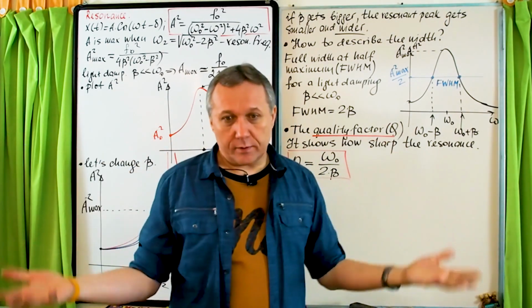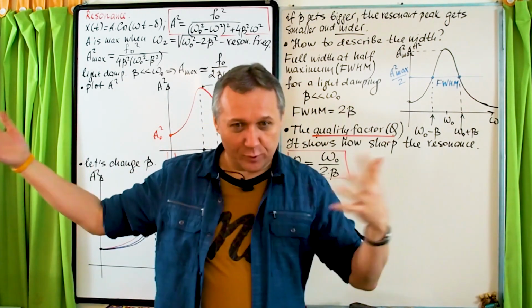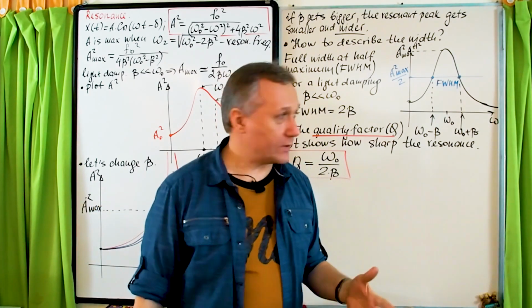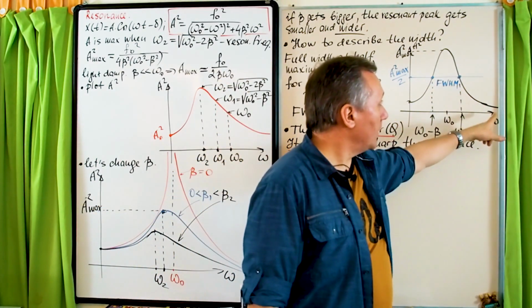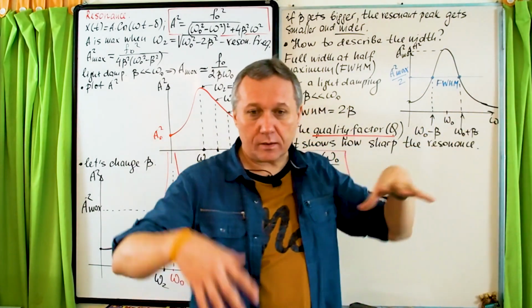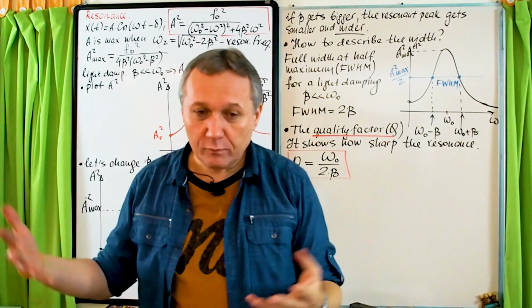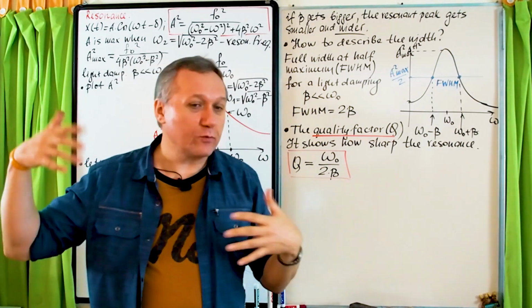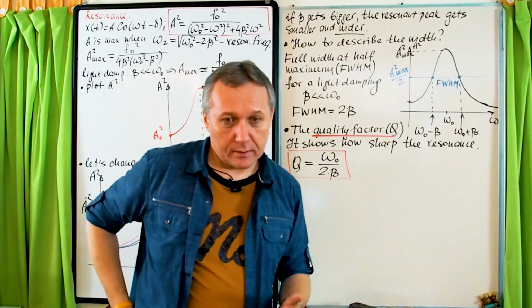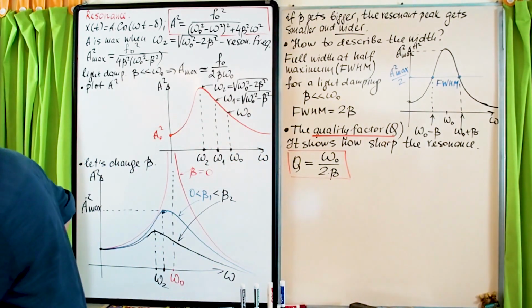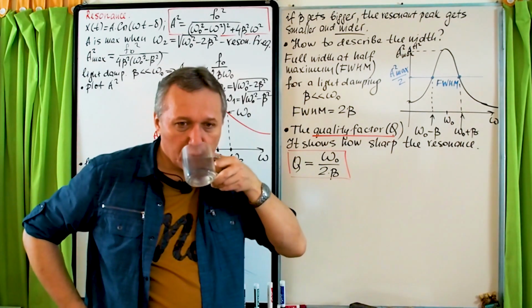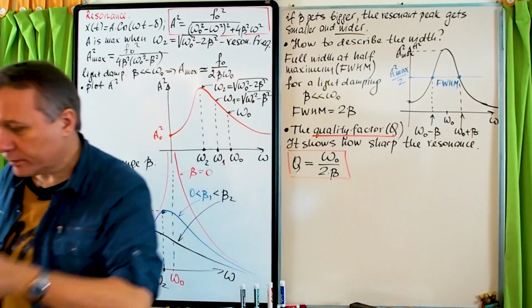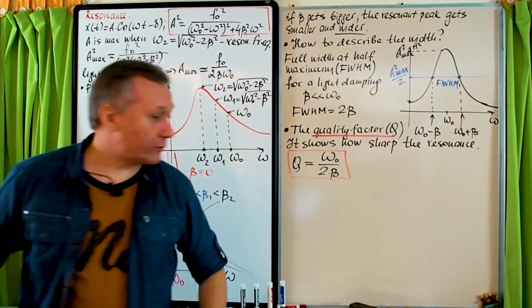And of course, you will hear two stations at the same time. But if the peak is sharp, then the amplitude produced by the neighboring station will be very small, and it will be on the level of noise.